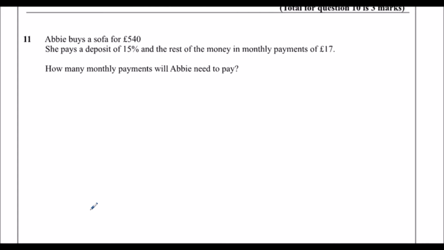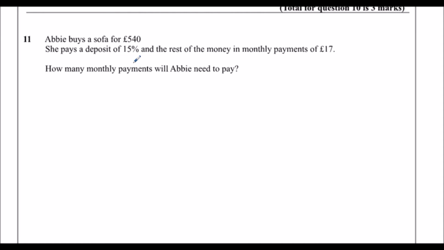Question 11. Abby buys a sofa for £540. She pays a deposit of 15% and the rest of the money in monthly payments of £17. How many monthly payments will Abby need to pay? So the sofa costs £540 and the deposit is 15%.